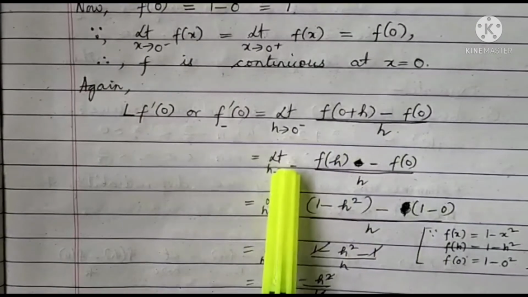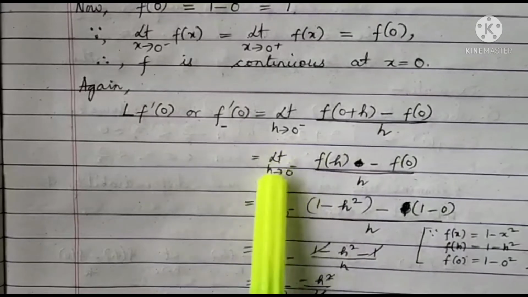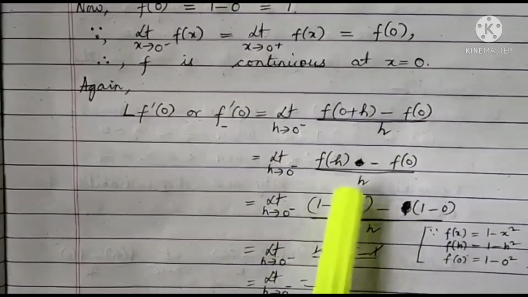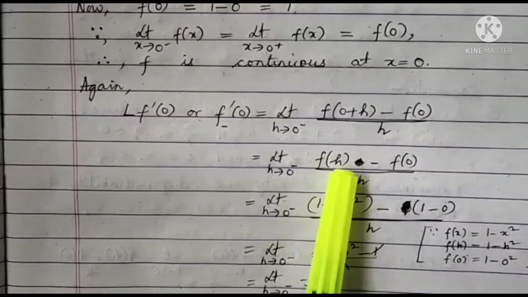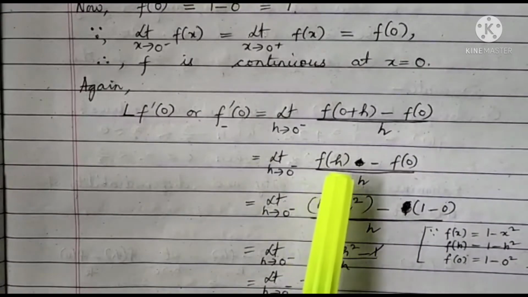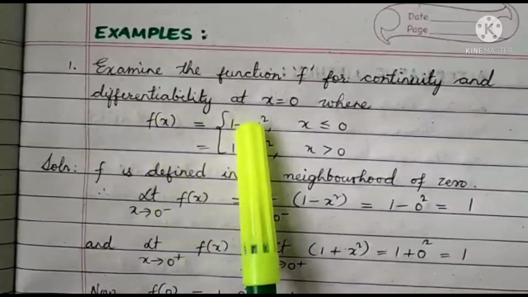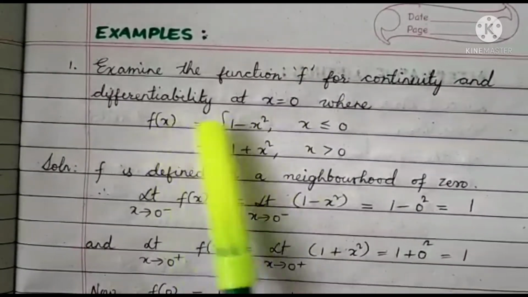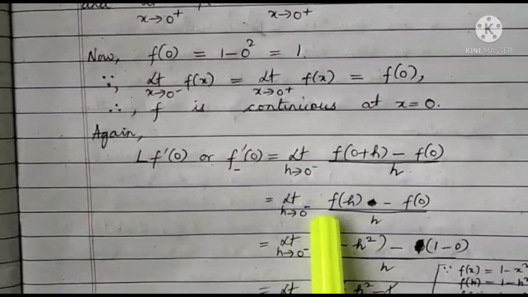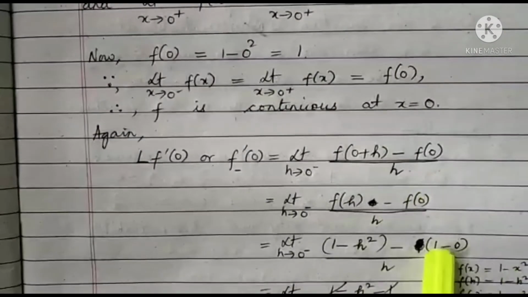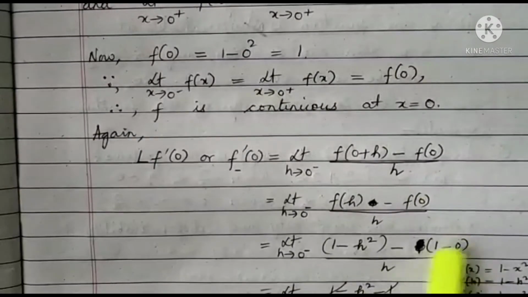Got that? Now, it will be equal to limit h tending to 0 minus, 0 plus h is h, minus f(0) by h. Now, f(h), when x is lesser than 0, your f(x) will be 1 minus x square. So f(h) will be 1 minus h square. So putting that over here, you have f(h) is 1 minus h square minus f(0) is 1 minus 0 square, that is 1 minus 0.